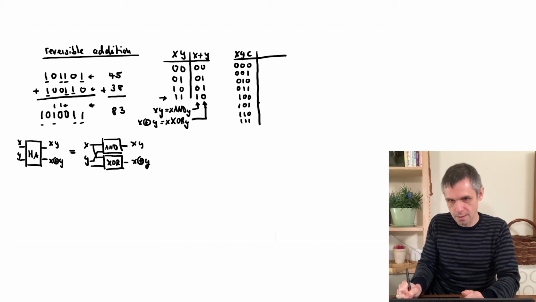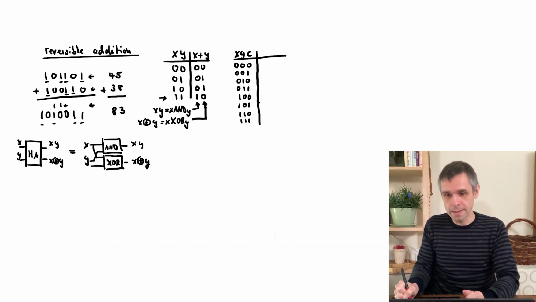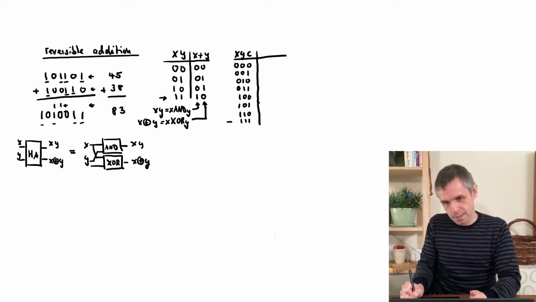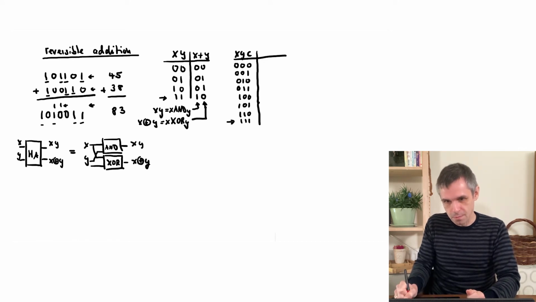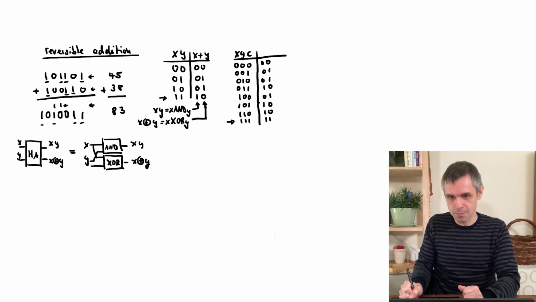So a slightly larger table, but our output will still be just 2 bits at most. And indeed in this case here, for instance, we obtain now 3, which we can just write like this. Here we have 2, 2, 1, 2, 1, 1, and 0. So we just have 2 output bits at most.